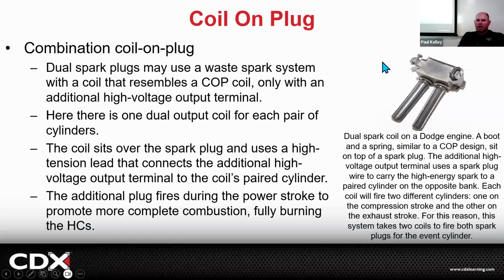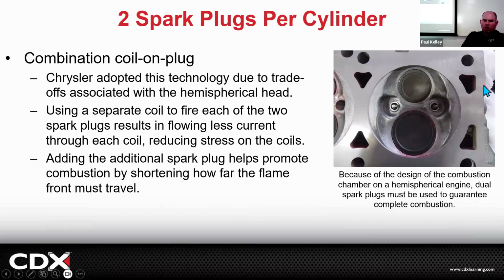It'll have two coils in one housing, and it'll fire both of these spark plugs. So overall, it's going to promote combustion by shortening how far the flame front must travel, right? This only has to go halfway and this only has to go halfway. That's important when you have a really big combustion chamber like a big Hemi, right?